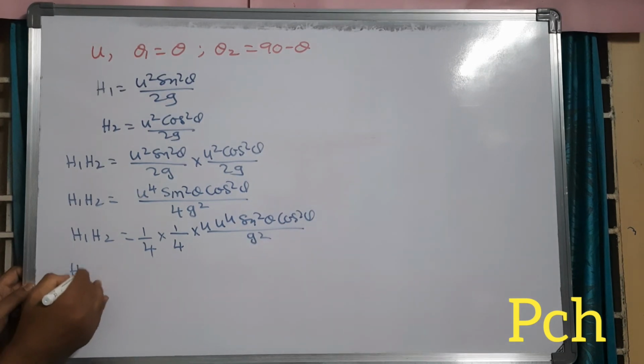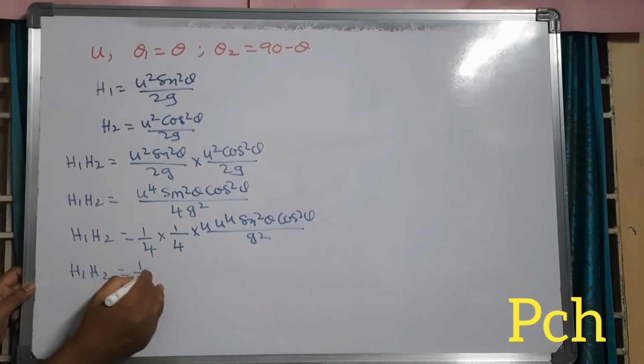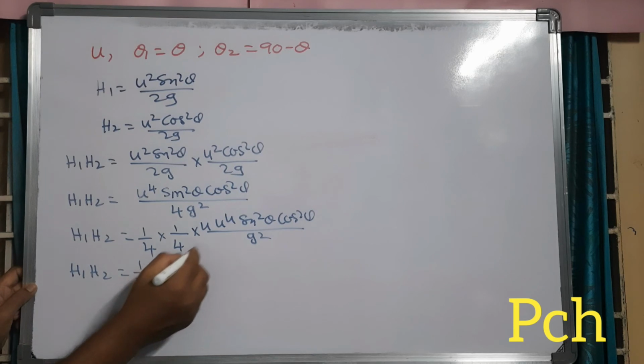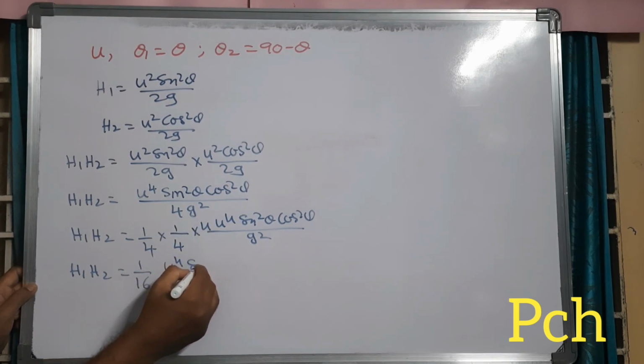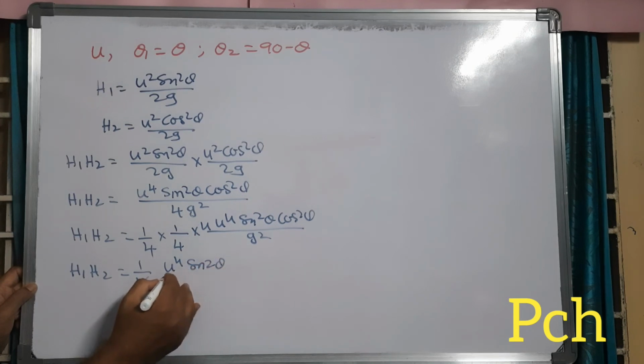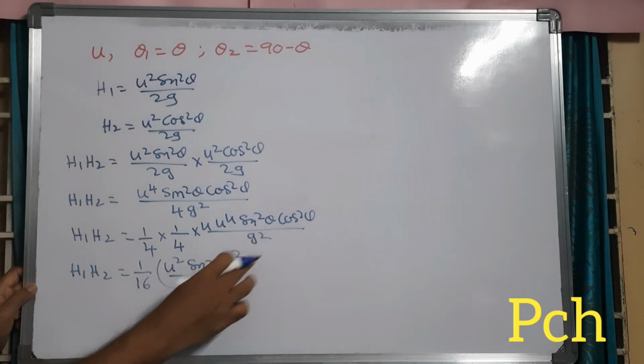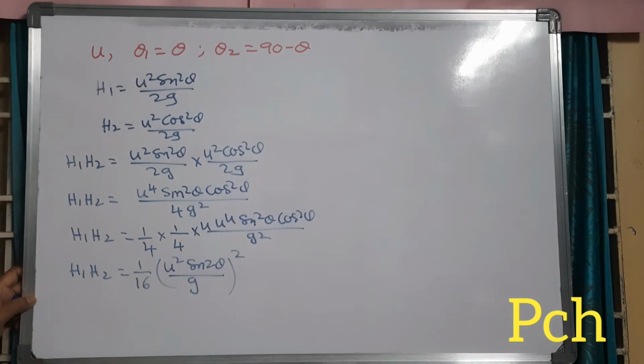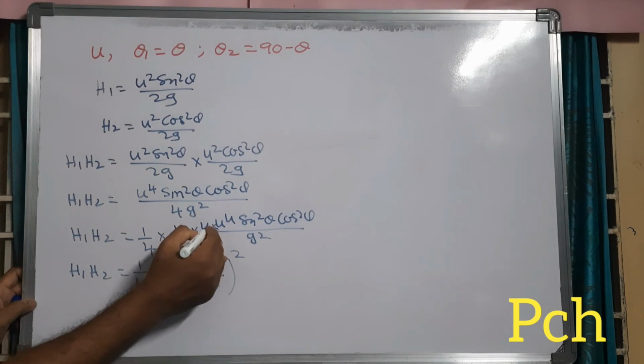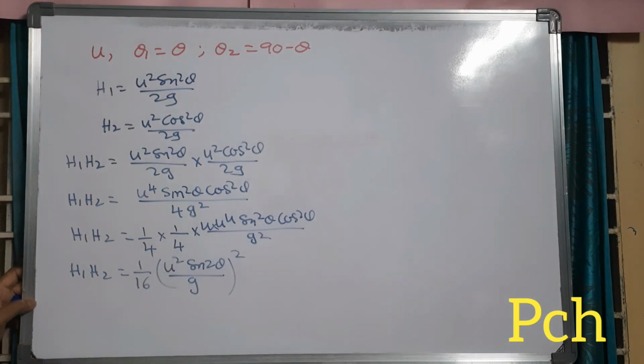Then h1 h2 is equal to 1 by 16 into (u square sine 2 theta divided by g) whole square. Sine 2 theta is nothing but 2 sine theta cos theta, and its square is 4 sine square theta cos square theta.